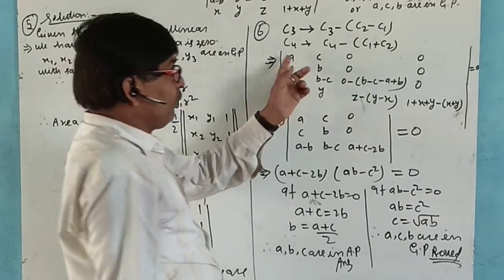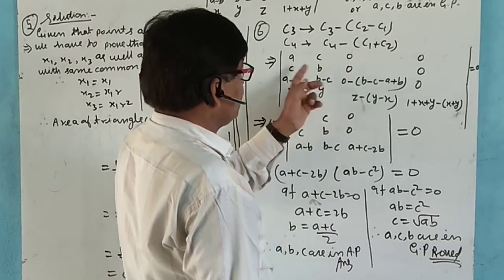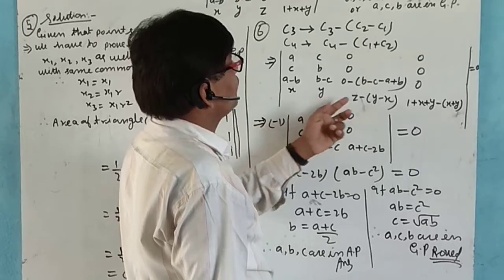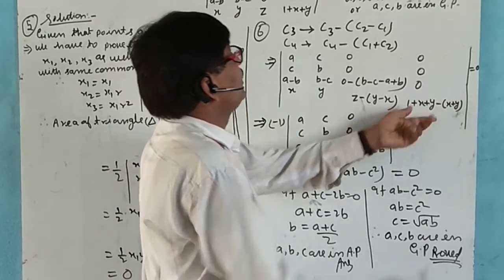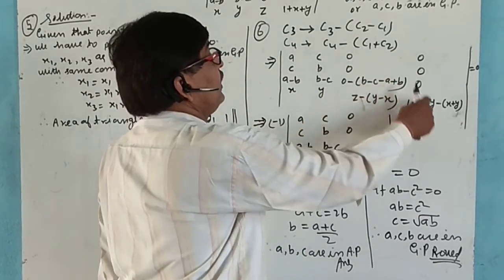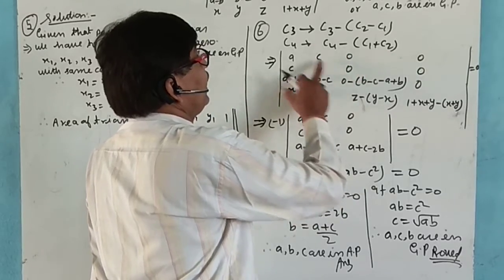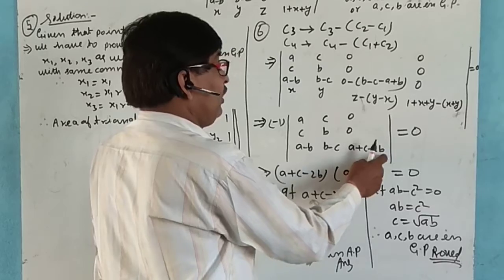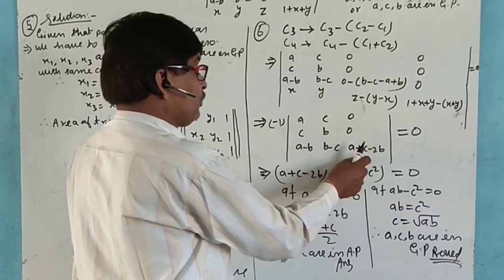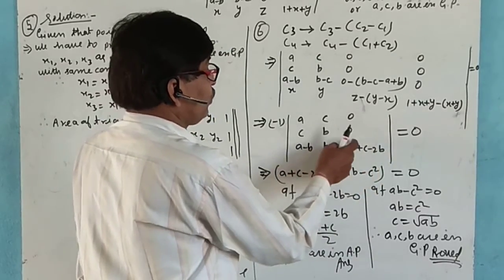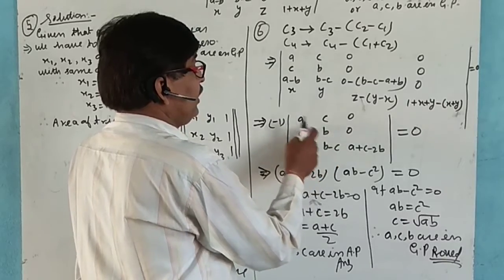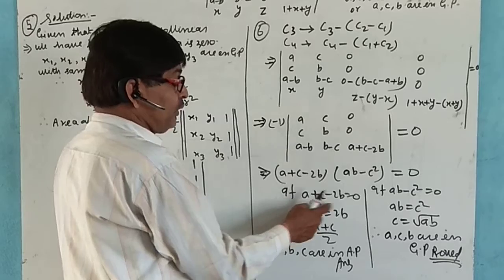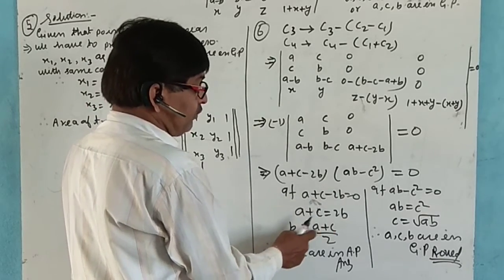Expanding this, we get 3 by 3 determinants here. After that, expand the determinant with respect to this, deleting this row and column, AB minus C square, if A plus C minus 2B is equal to 0, so that B equals A plus C by 2.